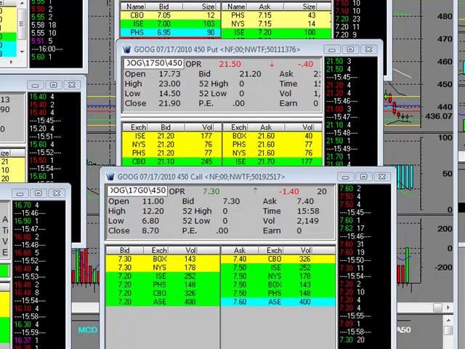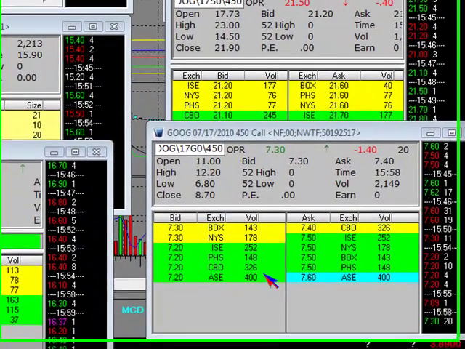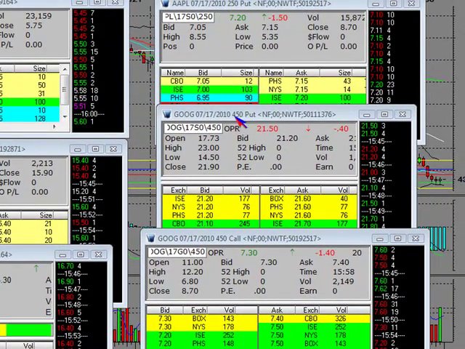Hold on one second. One thing that we would like to point out clearly here is how you can take advantage of those dollar price action movements. You've got to understand what the 450 put did in $7.